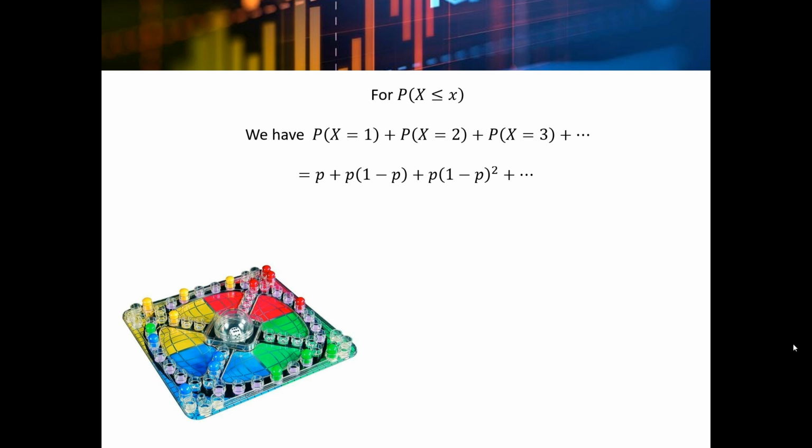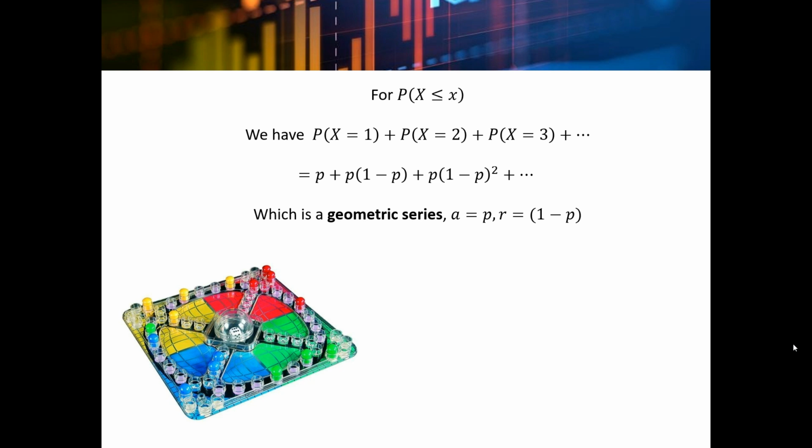So assuming you paused the video and had a little look at this, I hope you spotted that this is a particular sequence, and like I said, the clue is in the name. It is actually a geometric sequence, starting at p, so a equaling p, and with a common ratio of 1 minus p. And we're adding up, so we can just look at the sum.